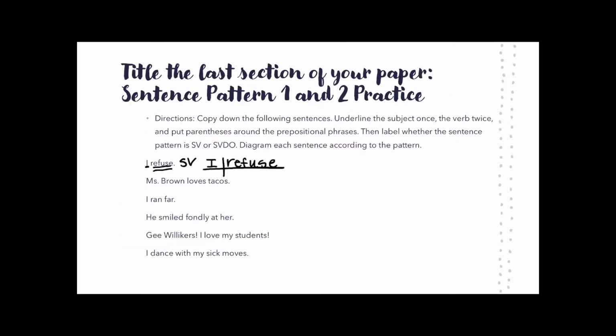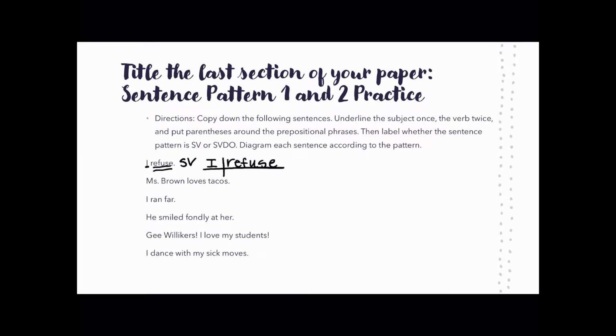All right, so after you've done that practice set, we're going to do one more practice. I know this is a lot of practice today, but I really want you to feel comfortable and get used to the sentence diagramming. You're going to title the last section of your paper Sentence Pattern 1 and 2 Practice. Skip a line from where you left off with the last practice and then center the title.